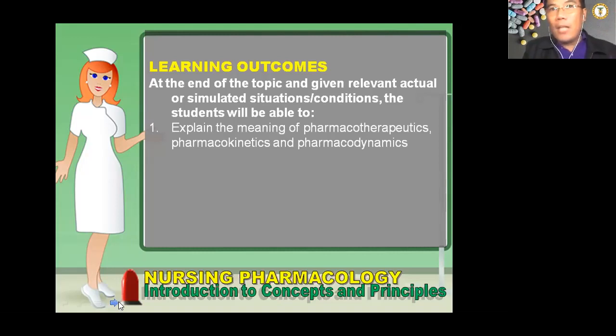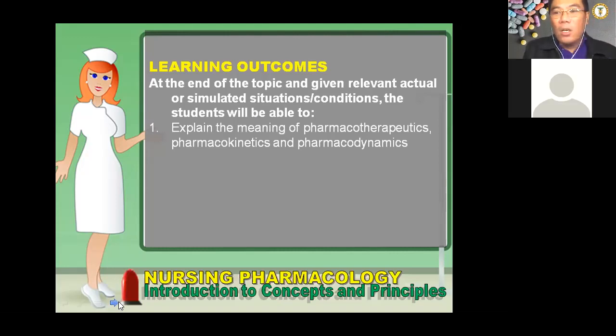We learned in anatomy and physiology that carbon dioxide must be exhaled out of the body. Am I right? Students, am I right? Yes, sir. So do you think it will create a toxic effect to the body if the carbon dioxide stays in the body? Yes, po. Correct, it may cause harm.